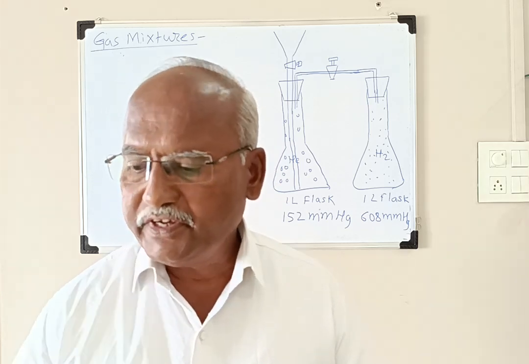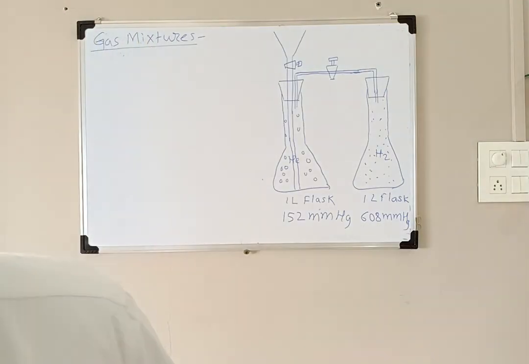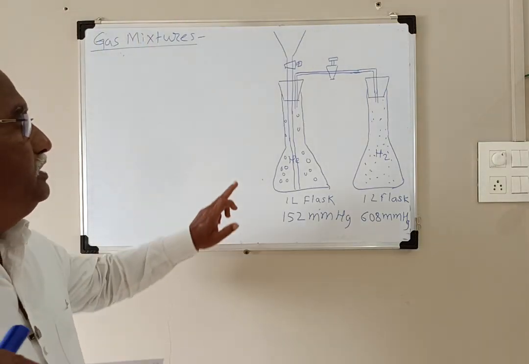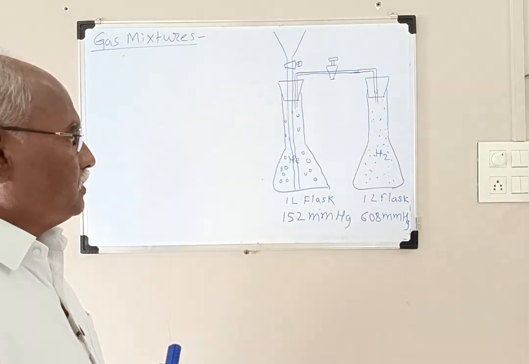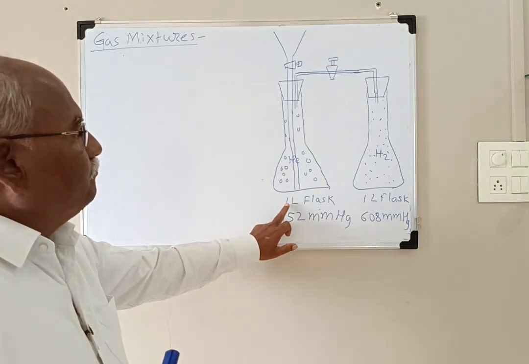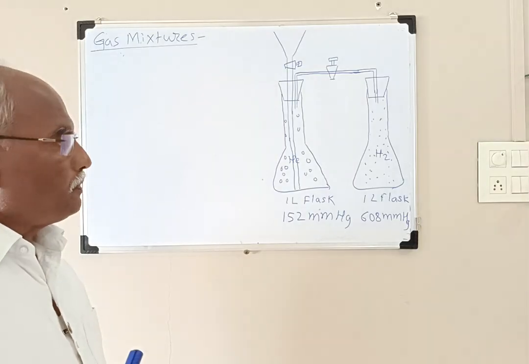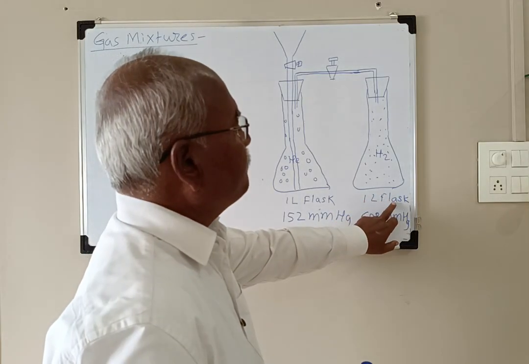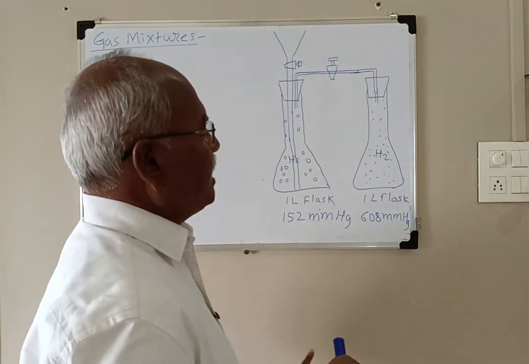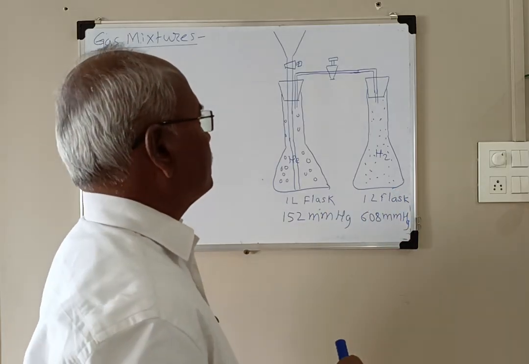So consider here, this is a glass flask having 1 liter capacity. This is a 1 liter flask, another flask.